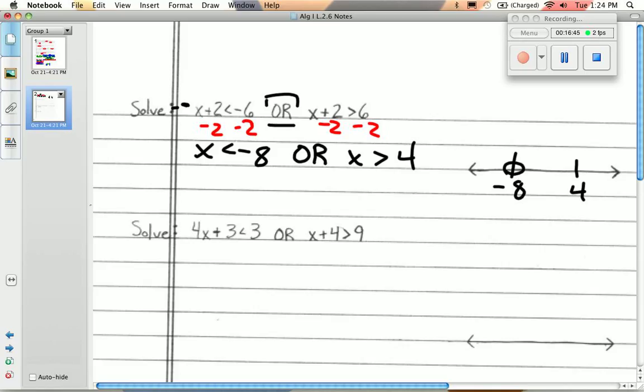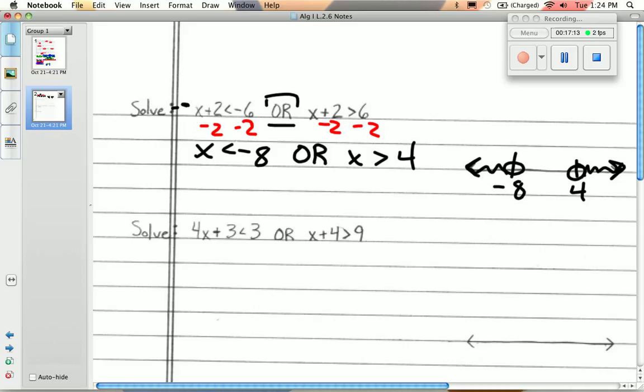Anything less than -8, so it would be going to the left. It'd be going this way, wouldn't it? All the numbers less than -8, so that's going this way. And then the other one says, open or closed circle at 4. Is 4 included? No. What numbers are? All the numbers. Any number greater than 4. So is this a no solution?